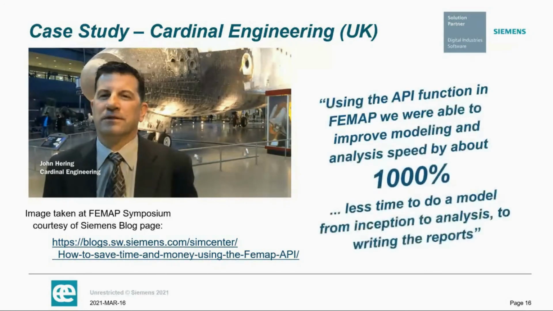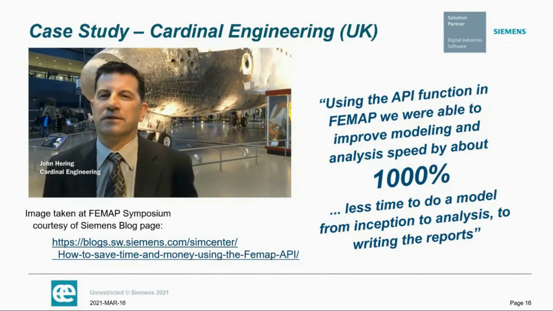During the discussion, he said that using the API function in FEMAP, we were able to improve modeling and analysis speed by 1,000%, which in the end led to less time to do a model from inception to analysis to writing the reports. Now, because this did include geometry creation all the way through to report and analysis, this is a case that was particularly geared towards automation, so it helped a lot.